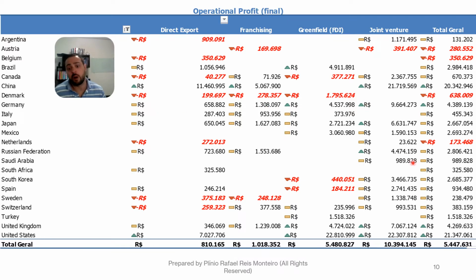For instance, in some small countries, not as big as Brazil or China, you can achieve a good profit if you're close enough to the country and if you're taking more risk. So this means that this company was supposed to be successful in some countries, especially the ones I'm presenting here.